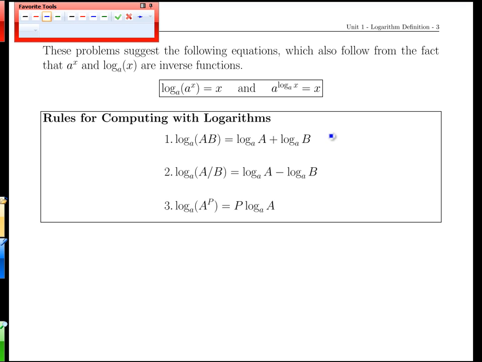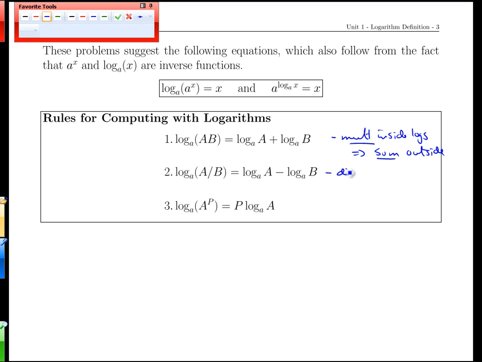The first, of course, is that multiplication of interior pieces can be transformed into sums. Multiplication inside logs translates to a sum outside. So log of a times b turns into log of a plus log of b.